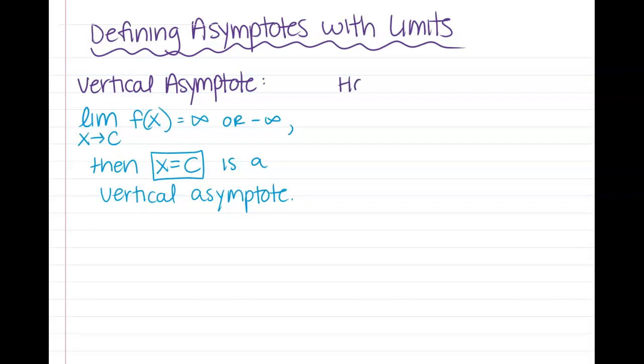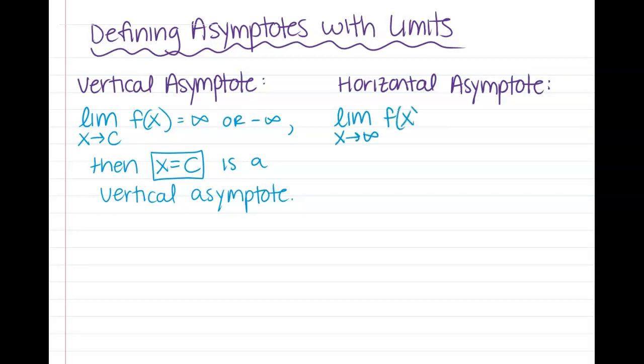For horizontal asymptotes, this is where the limit as x approaches infinity of f of x equals c, or the limit as x approaches negative infinity of the function f of x equals c.